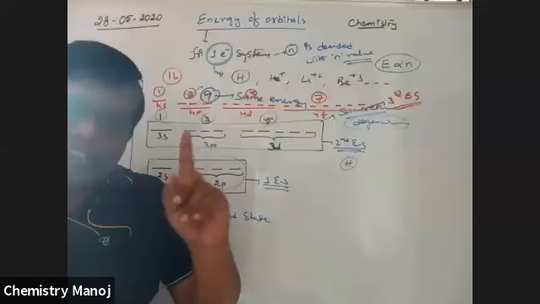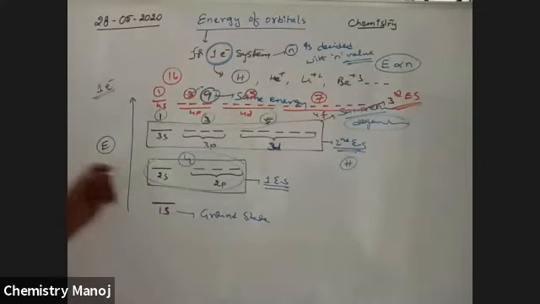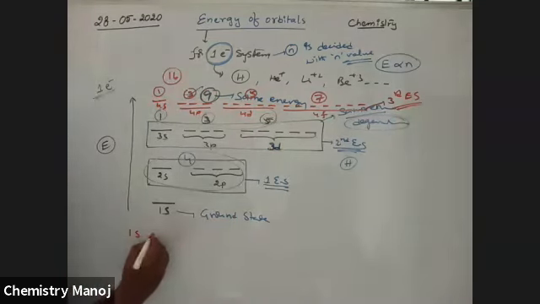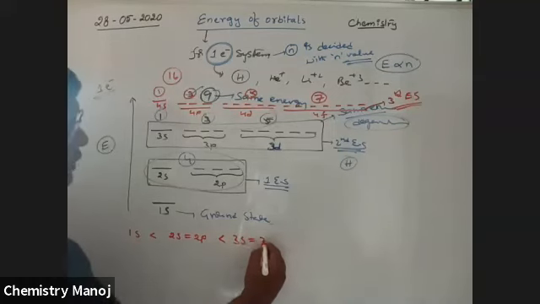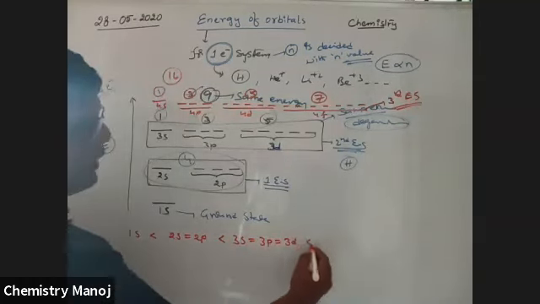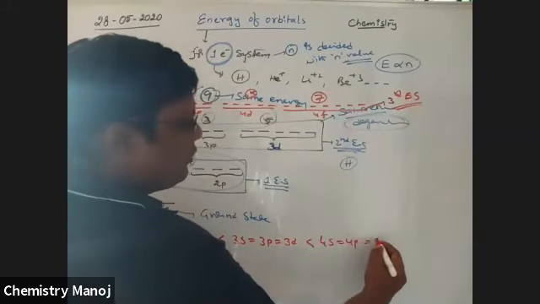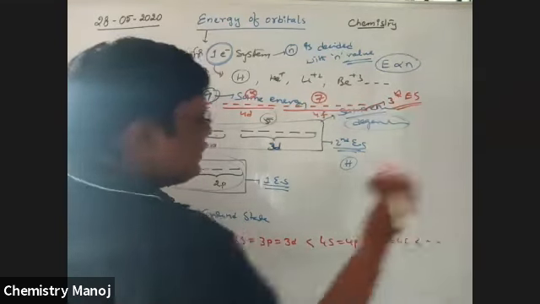If it has a single electron, this is the way to identify which one has more energy and which has less energy. So what is the order of these energies? For a single electron, 1s has less energy than 2s, which is equal to 2p, which is less than 3s equal to 3p equal to 3d, which is less than 4s equal to 4p equal to 4d, which is equal to 4f, like this.